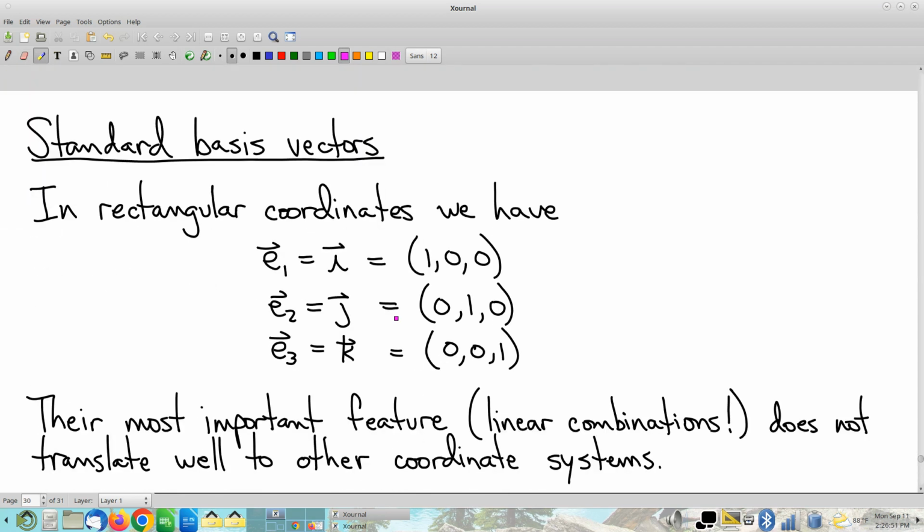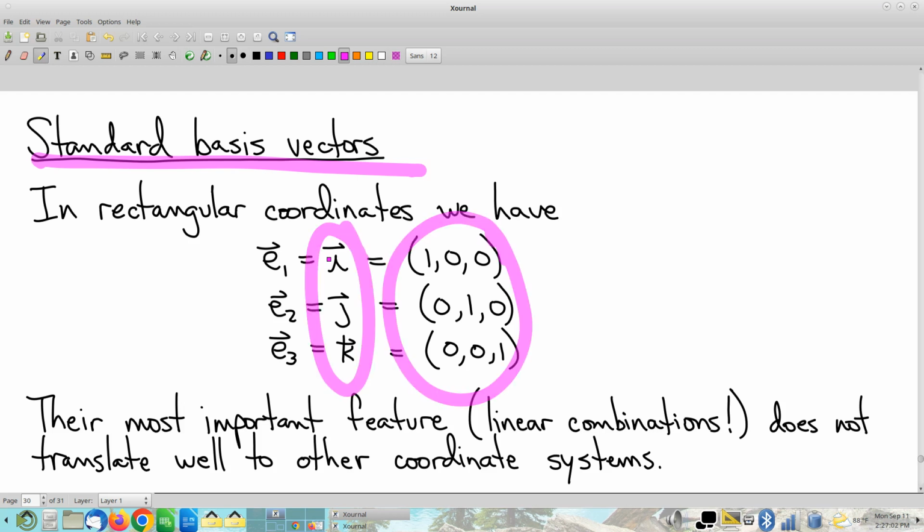Last thing I'm going to say in Chapter 1, and then we're moving on to Chapter 2, standard basis vectors. Very important, of course, to know about the standard basis vectors. These are they. You might know them with this i, j, k notation. I guess that's fine. I do have a preference for e1, e2, e3 because it generalizes so much more nicely.